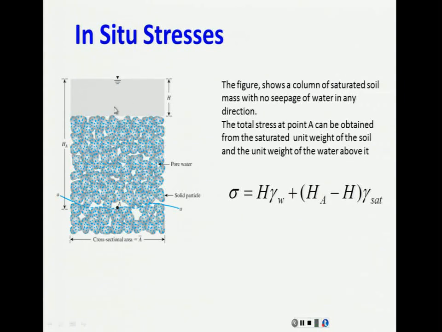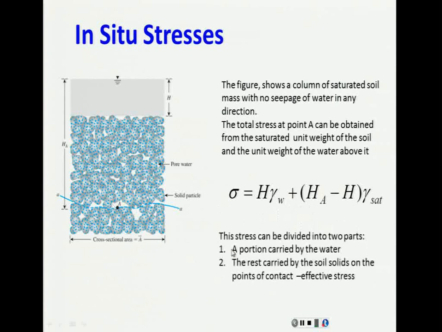That will give you basically the pressure here, or the stress at this point due to this. And on top of that, we have this other column of soil, which is saturated, as we said before. And this height of the column is HA minus H multiplied by gamma saturated. If you add this plus this, of course you will be getting the stress at the point A.